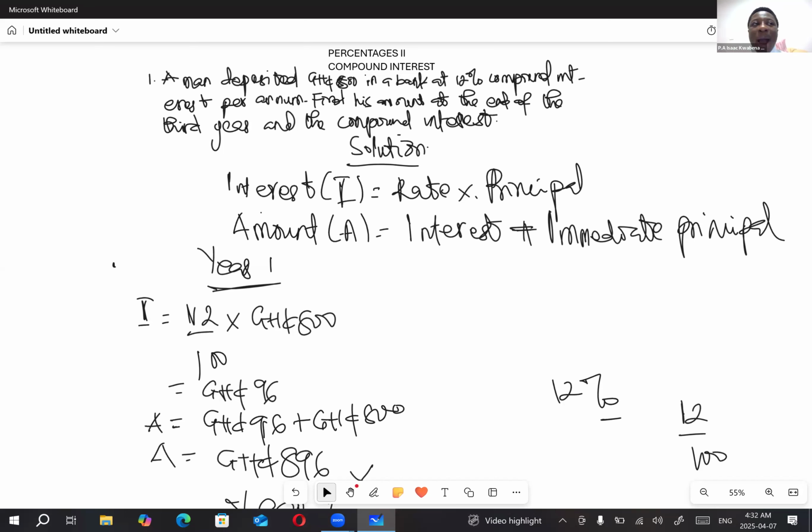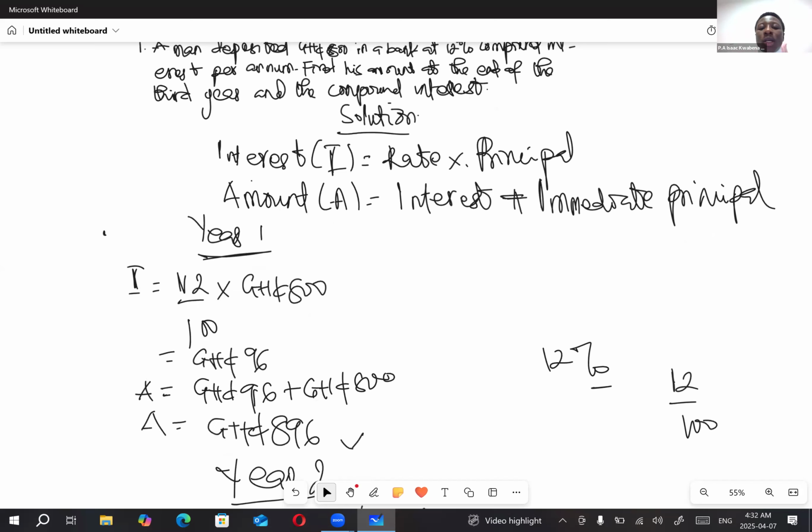Most banks operate with simple interest. So what have you learned? If it's compound interest, it must be stated in the question. If the kind of interest is not quoted in the question, take it as simple interest.